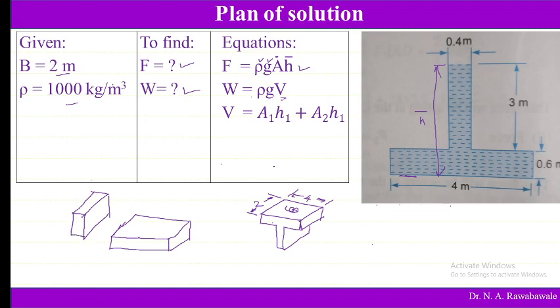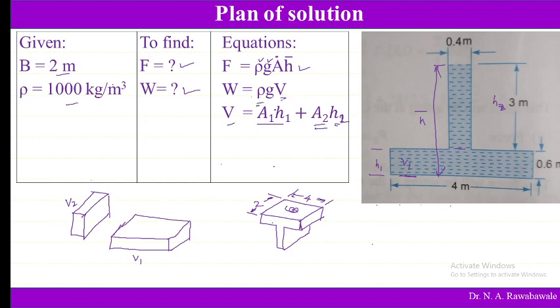Let us consider the volume of this one as V1 and the volume of this one as V2. The volume of the base of this tank, V1, is nothing but area into H1, where H1 is the height of the base, that is 0.6, and for the vertical strip we use H2, which is 3 meter. So we can find the volume, substitute it here, and get the weight.